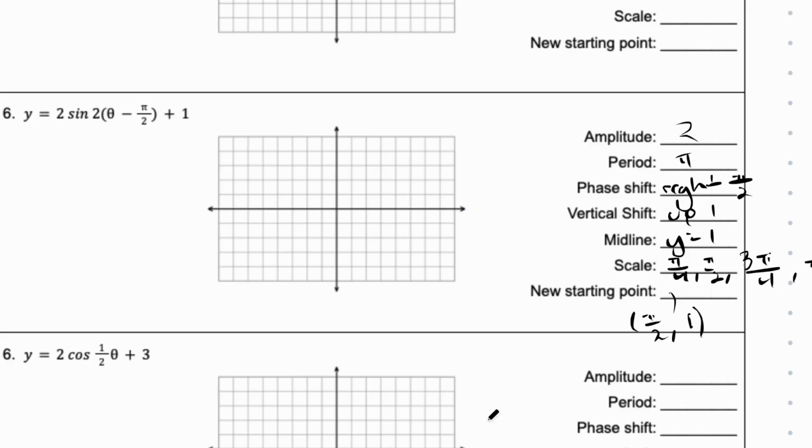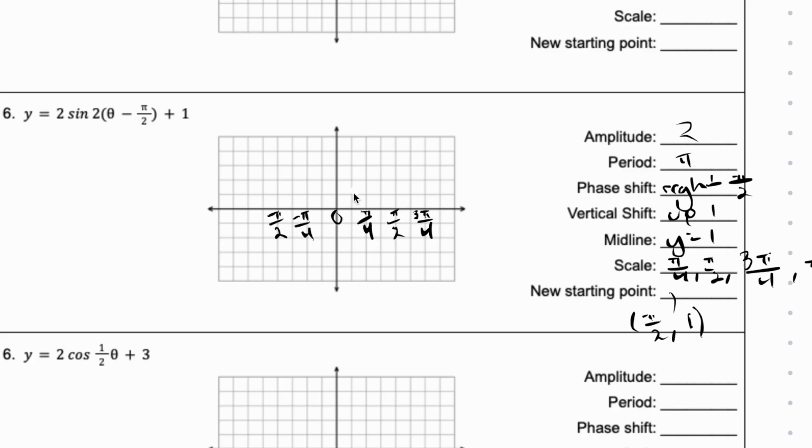All right, so if we graph this to our scale, we have 0, then we have pi over 4, we have pi over 2, then we have 3 pi over 4. I'm going to go in this opposite direction, negative pi over 4. And then you know what, I'll do one more for good measure. Negative pi over 2.